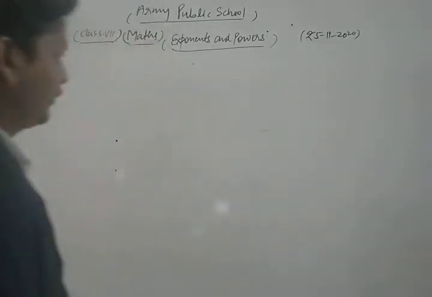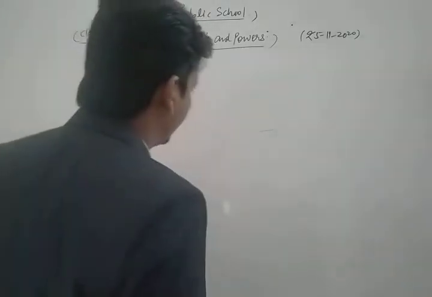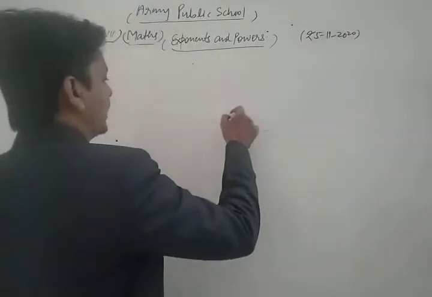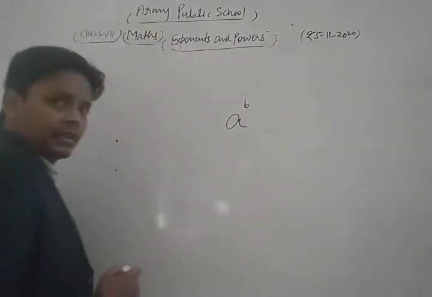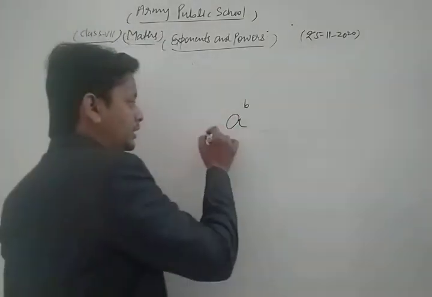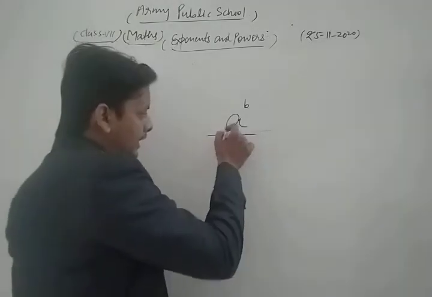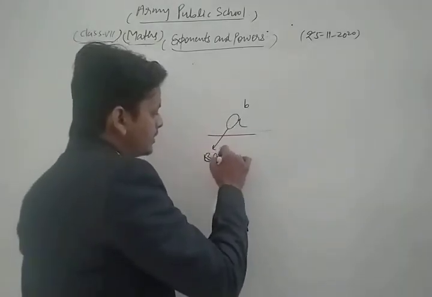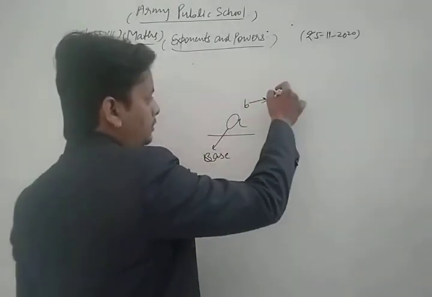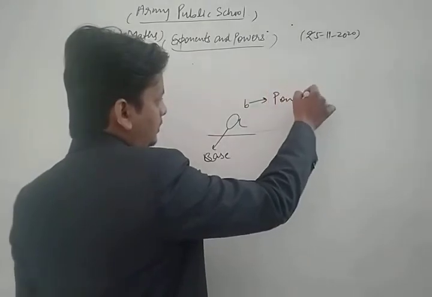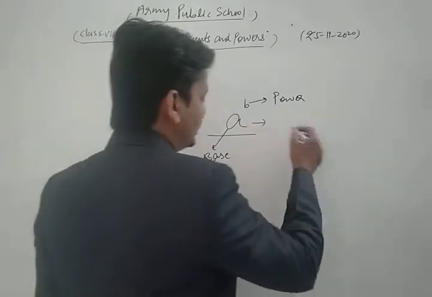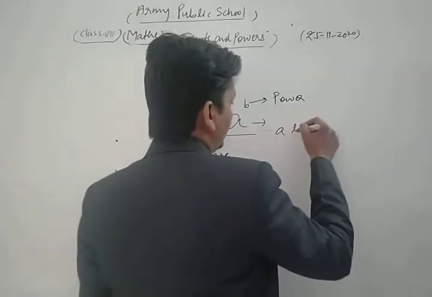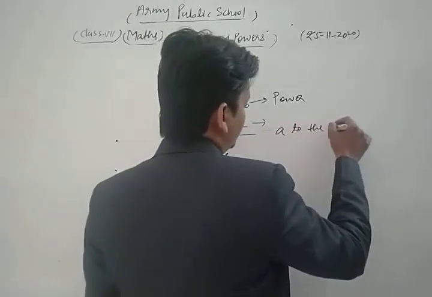Dear friends, suppose any number is written in this way, a to the power b. Here a is called its base and b is called its power, and we read it as a to the power b.